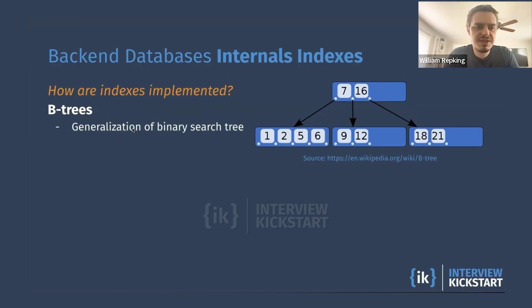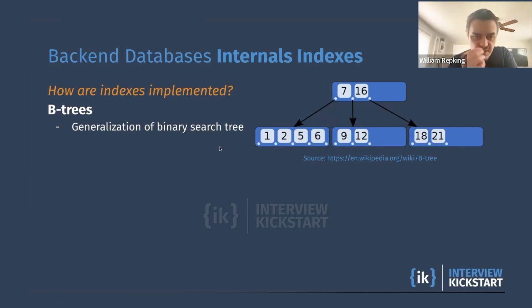So a B tree is a generalization of the binary search tree. What is the cost for inserting in a binary search tree? I guess probably a lot of people already know this.